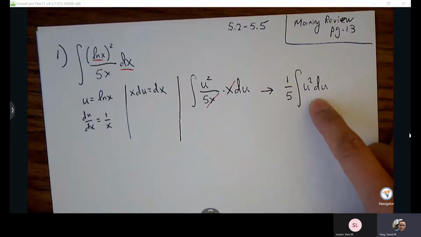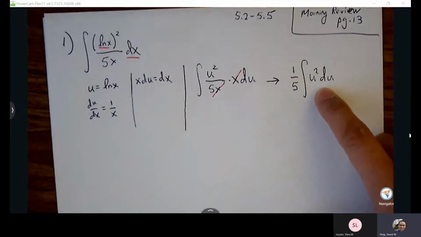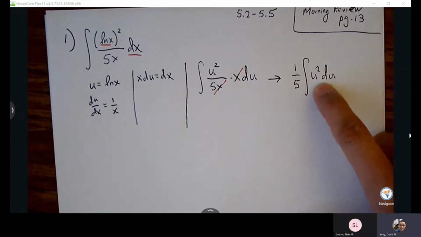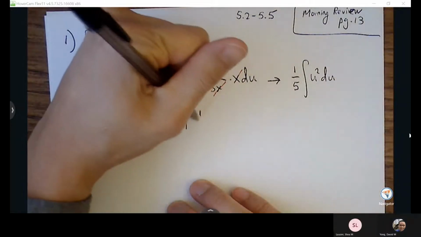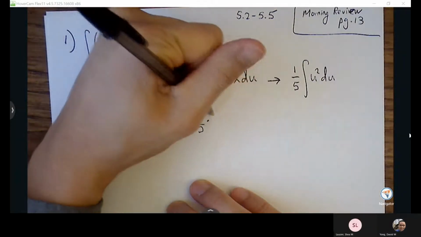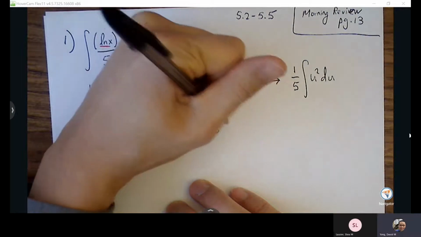And now that's just a nice clean power rule that we can apply, right? Okay. So u squared becomes u cubed over 3 with the 1/5 that tags along. And then plus c.